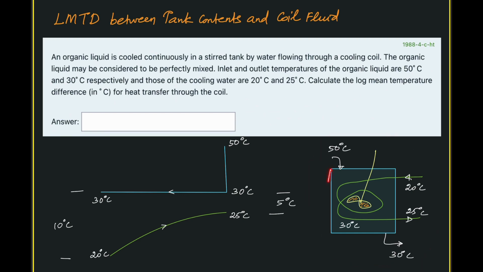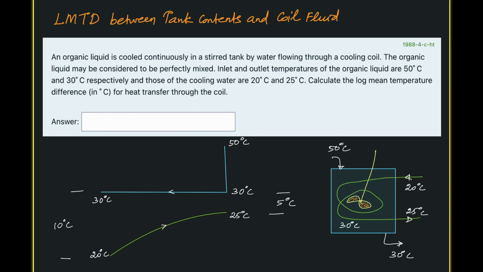So we have a stirred tank, where there is a stirrer which is making the entire contents of this tank uniform in temperature. So the leaving temperature and the tank contents temperature are the same.